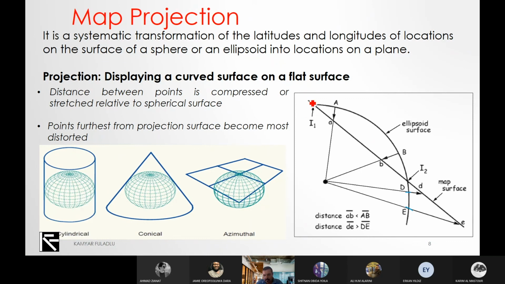I don't have a tablet and pen, I try to draw it with the mouse. So if this red color is our map surface or paper after projection, my property, if I said it is 100 meter, this time let's say becomes 200 meter.